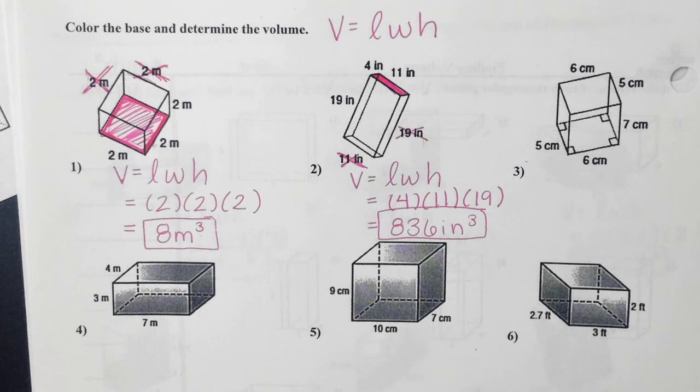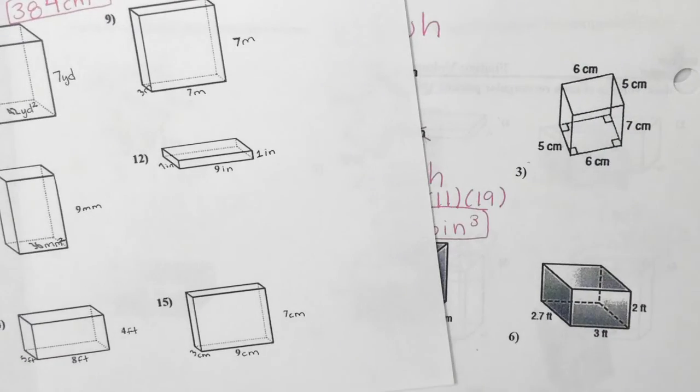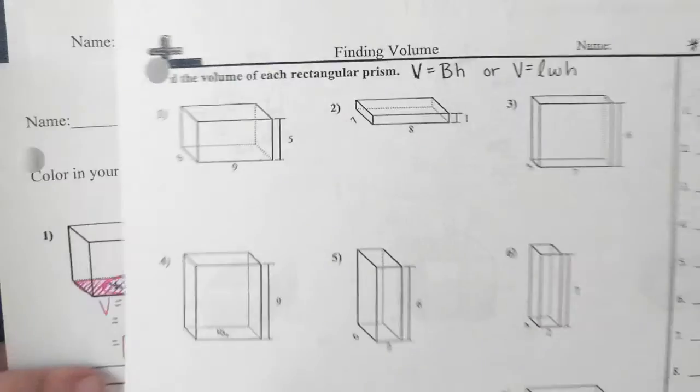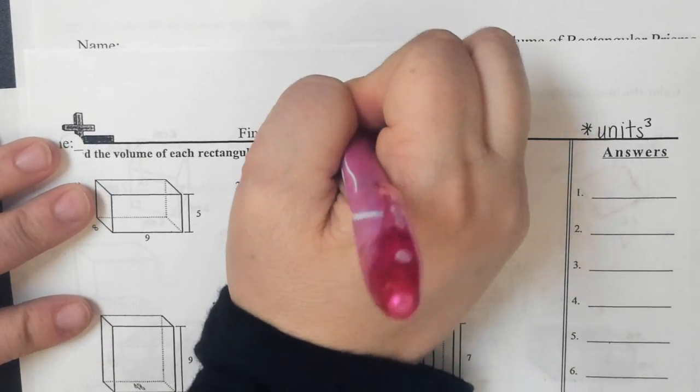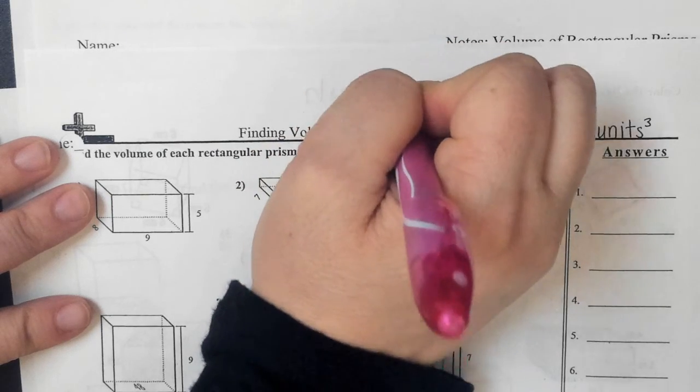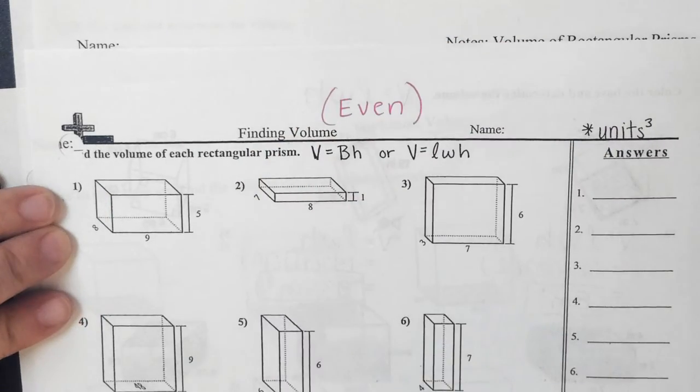Okay. All right, so that leaves you with 10 problems to finish on here, and you have 9 problems to finish on the first sheet. All right, for right now, guys, my advanced class is having to do this side. My advanced class is doing the even problems on this side for extra practice.